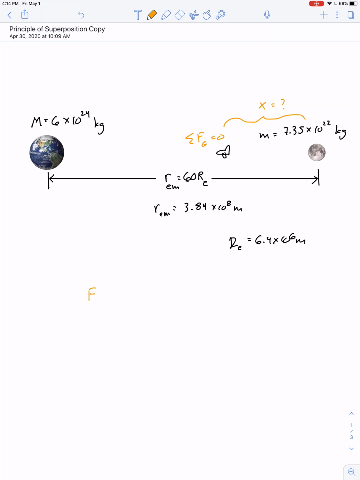So if Fe, the force of gravity on the spacecraft from the Earth, plus F sub m, the force on the spacecraft from the Moon, is equal to 0, that means that the magnitudes of these forces, the force from the Earth and the force from the Moon, have to be equal in magnitude but opposite in direction.